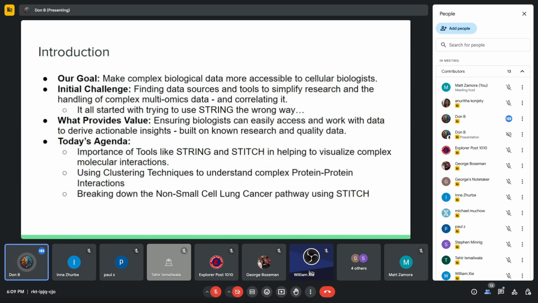And then at the tail end, I'll take you through a somewhat slower walkthrough of how Stitch and String really help me understand complex pathways. In this case, it was the non-small cell lung cancer pathway that's part of our current efforts in the broader group.